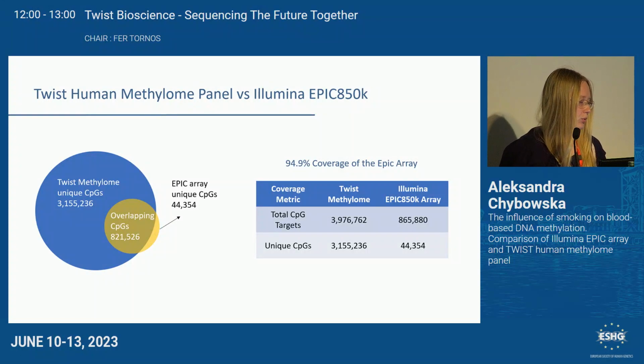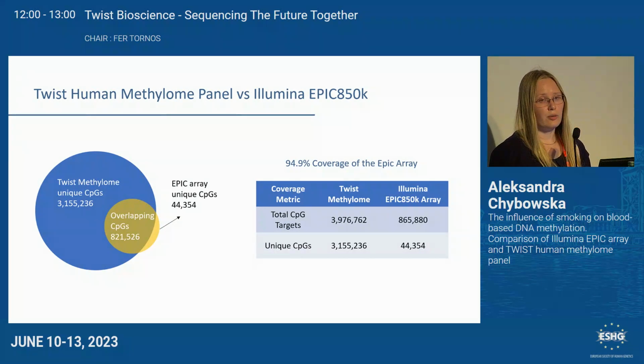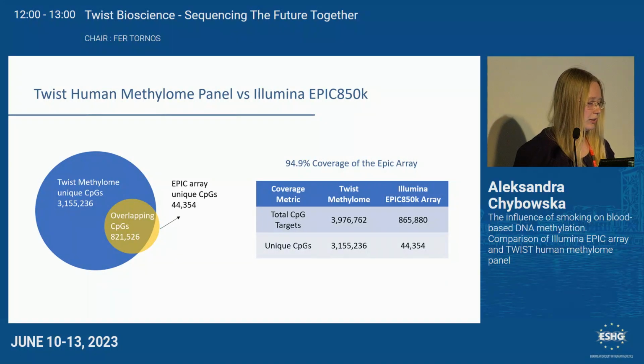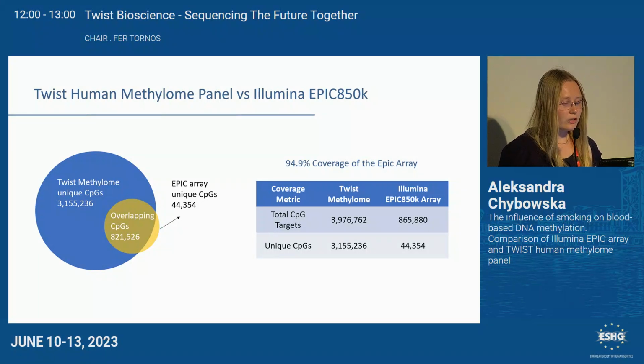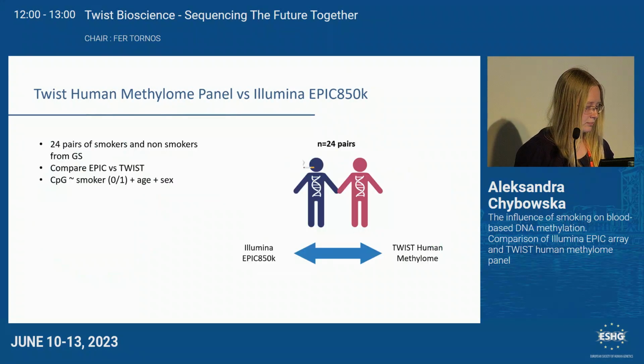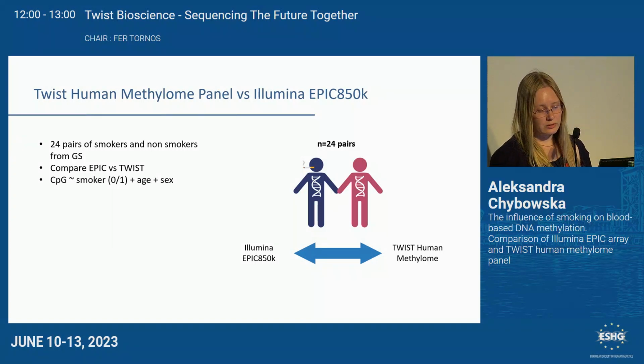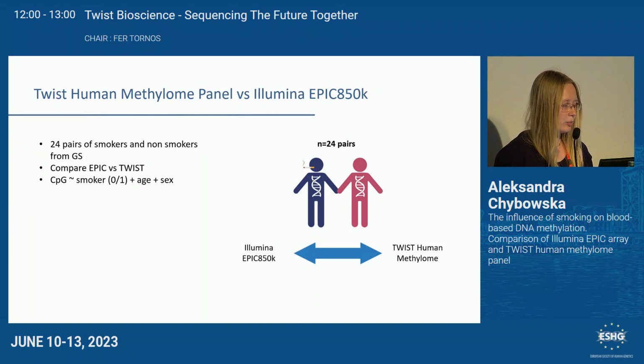The Venn diagram shown in this slide shows the overlap between the EPIC array and the Twist methylome panel in terms of the numbers of CpGs that we measure. And we can see from it that the Twist human methylome panel measures methylation at approximately 3 million more sites than the EPIC array. So in my experiment, I used the Twist methylation panel to find differentially methylated regions between 24 pairs of smokers and non-smokers from Generation Scotland.